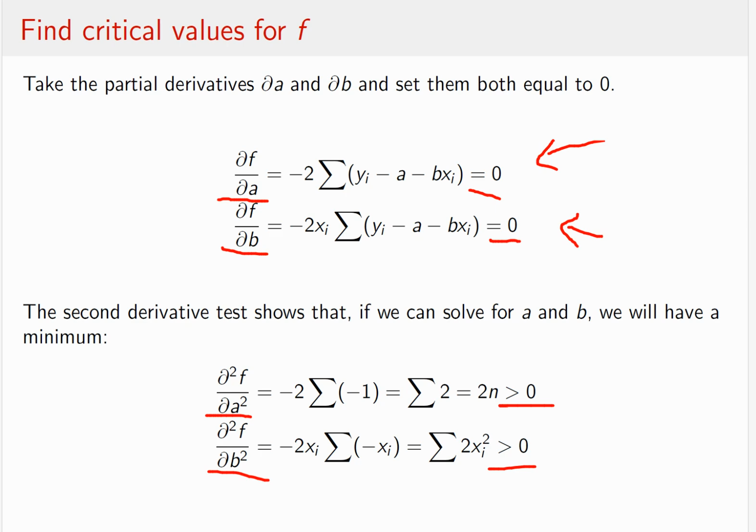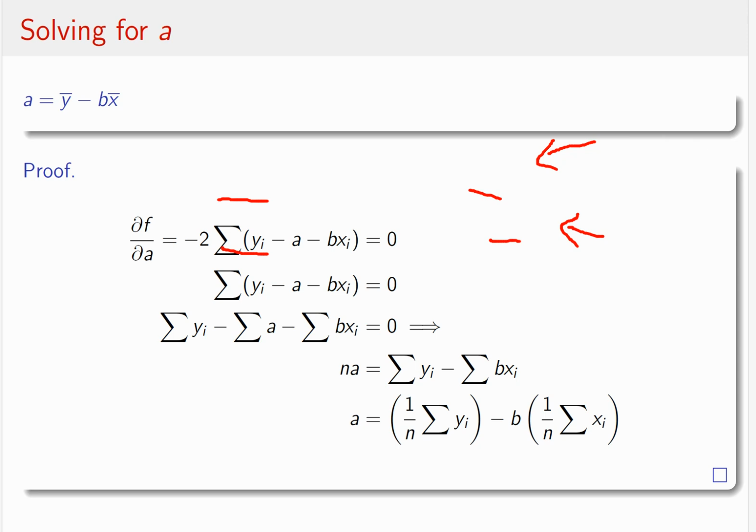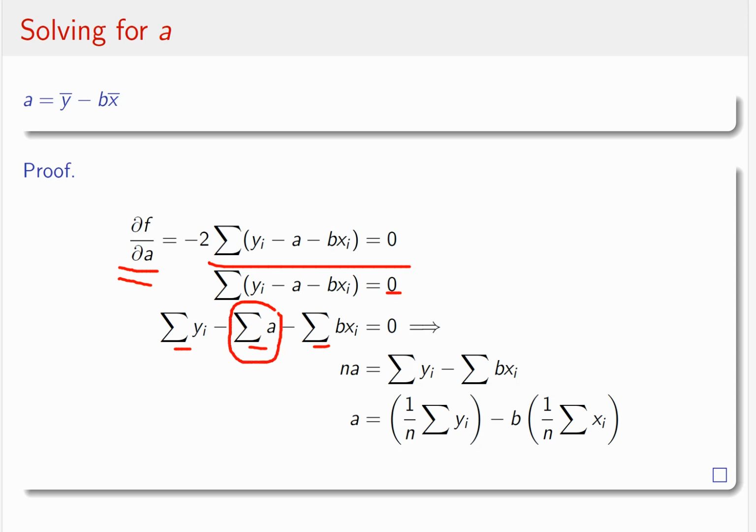All right, and sorry, I keep getting rid of this. Right, so as we simplify the derivative with respect to a, and then divide through by -2, but 0 divided by -2 is still 0. Then I can split the summations. And na, this is just the summation of a, n times, the sample size times.